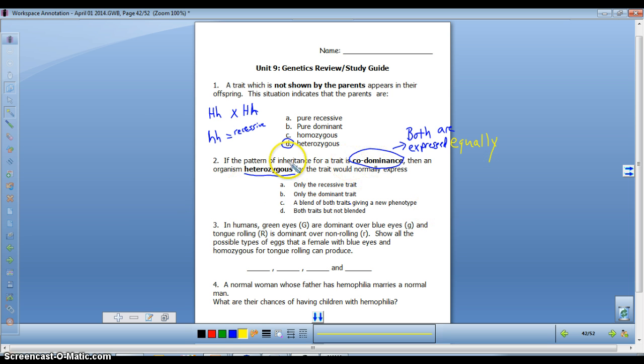So, codominance, heterozygous. Both traits will be shown but not blended. When do we see blending? You see blending in incomplete dominance.